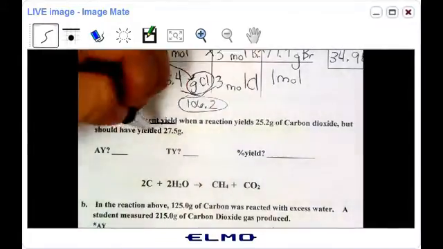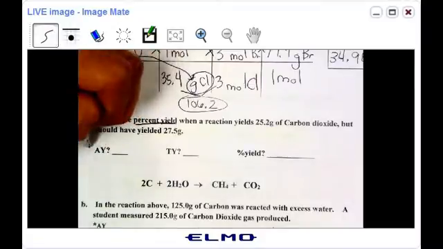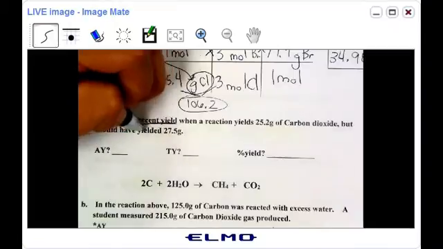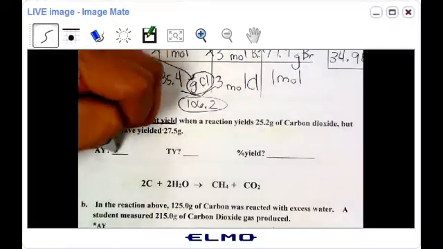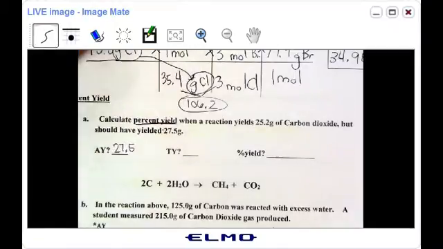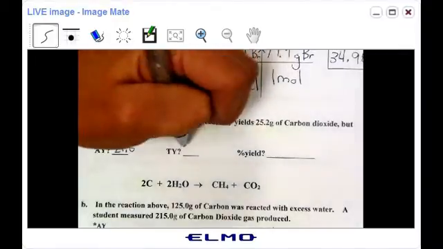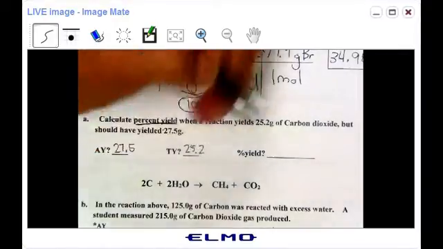So your actual yield, that's for AY, it should have yielded 27.5. Okay? Your theoretical yield is going to be 25.2.